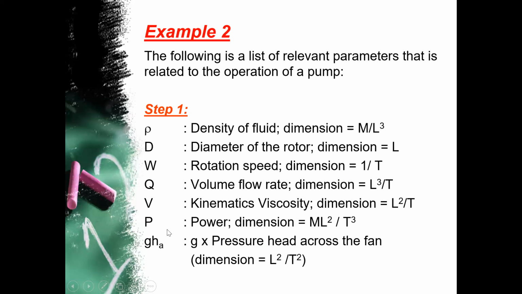Then we have power, and this is the dimension. Try to remember all these new parameters. And probably the weirdest one is G multiplied with the pressure head. You know what G is, the acceleration due to gravity, from F equal to ma, or W equal to mg.